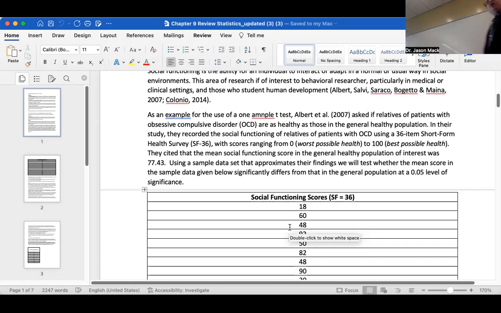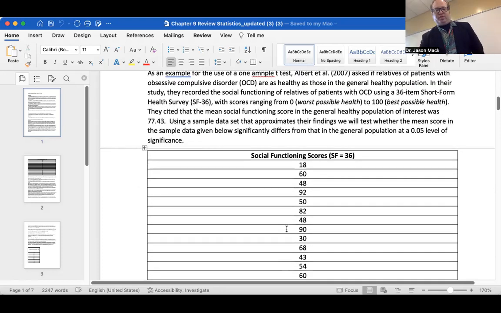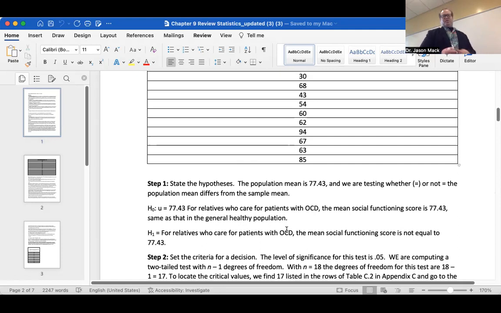These are our scores that we're looking at. That's all the scores. So let's state the hypothesis. The population mean is 77.43, and we're testing whether it is equal or not equal, that is, whether the population mean differs from the sample mean. So the null hypothesis, H sub 0: mu is equal to 77.43 for relatives that care for patients with OCD.